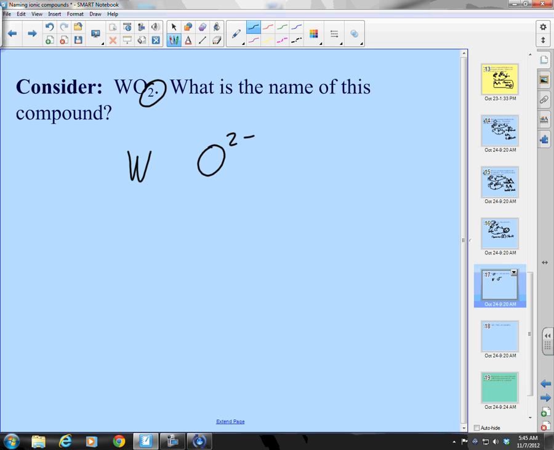I have 2 of those. So that means 4 electrons have to be available to convert 2 oxygens to 2 oxides, right? So where do those 4 electrons come from? They come from my tungsten, which means my tungsten, after it loses the 4 electrons, becomes a +4. Got it? So that's the charge on my tungsten.